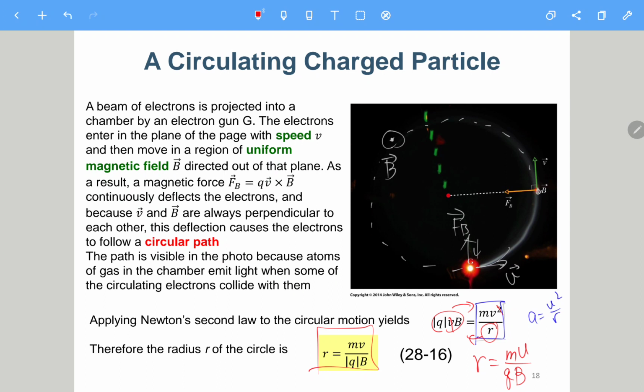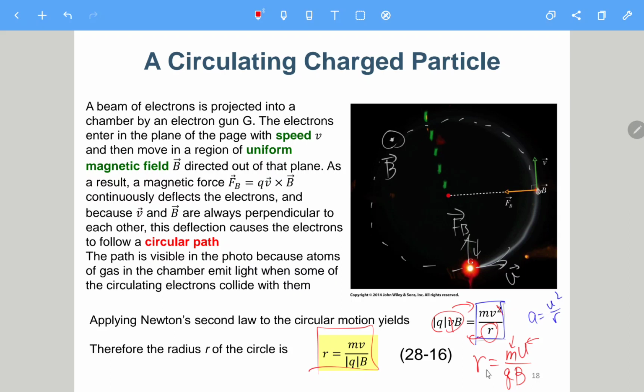In this case, we know that m is a constant, v is also a constant, although the direction is changing, but throughout this circular motion, v will be a constant, and q is of course a constant, B is a constant. So this is the radius.